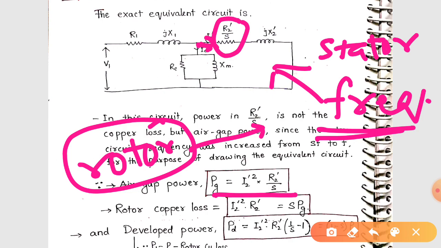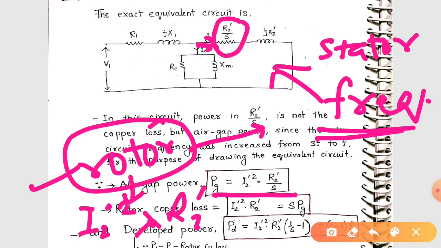So if we see the stator circuit separately, and the rotor circuit separately, then I2 dash square into R2 dash should be equal to rotor copper loss. But here the equivalent circuit is drawn at stator frequency.